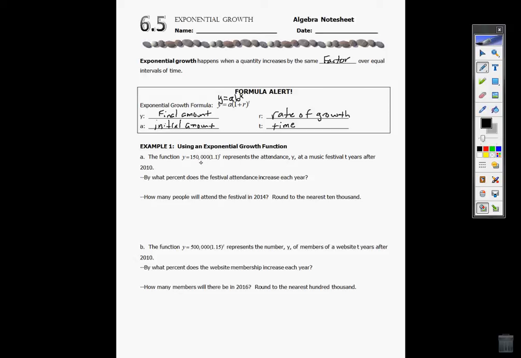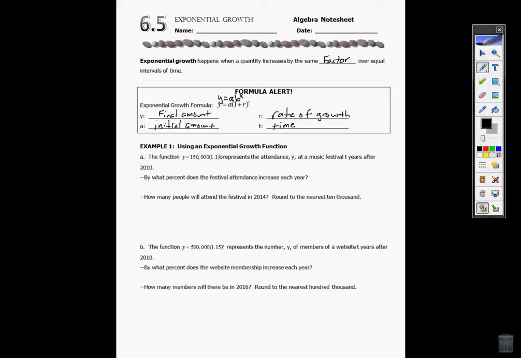So let's look at what these things break down to. y is our final amount. So over a certain amount of time with this growth rate, how many people are going to this music festival? This number right here, 150,000, is our a, our initial amount. So that's how many people went to this music festival in 2010.